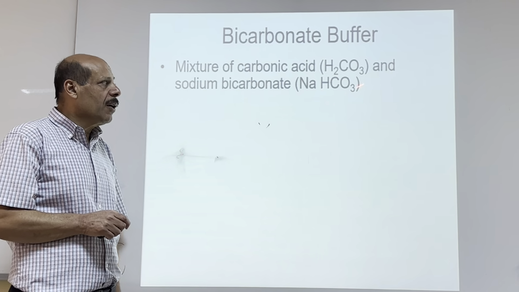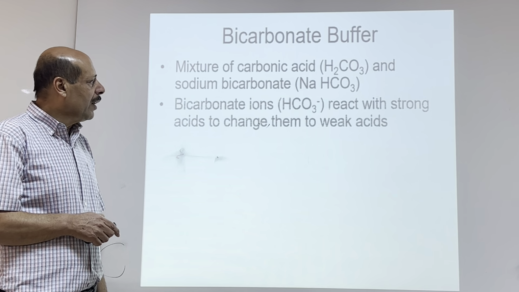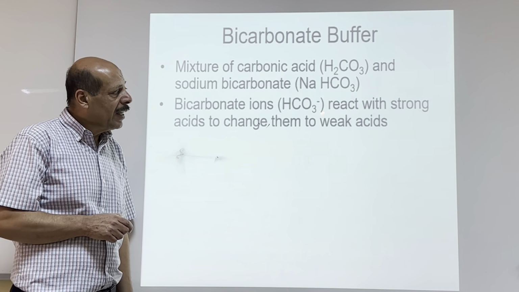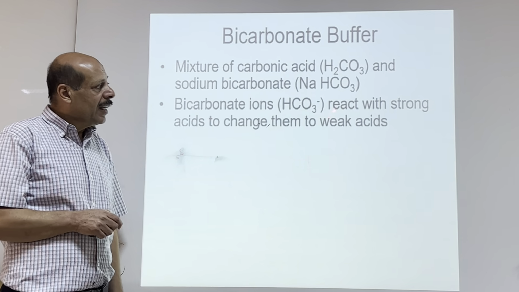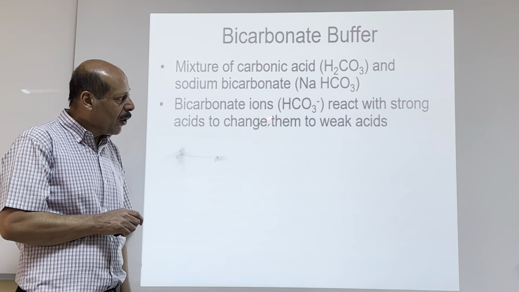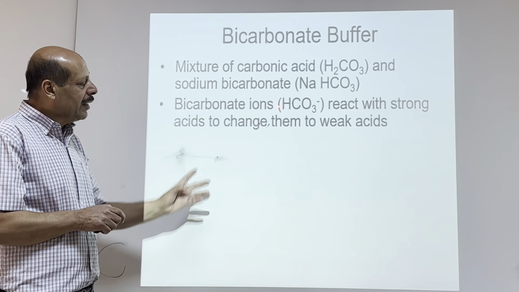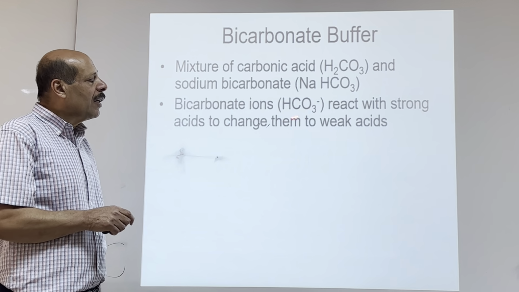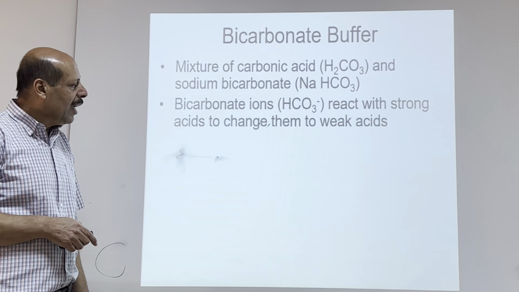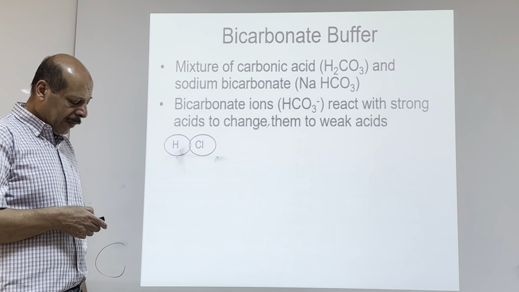The bicarbonate ion, HCO3, reacts with a strong acid to change it to a weak acid. It will take one hydrogen ion in order to make it a weak acid.